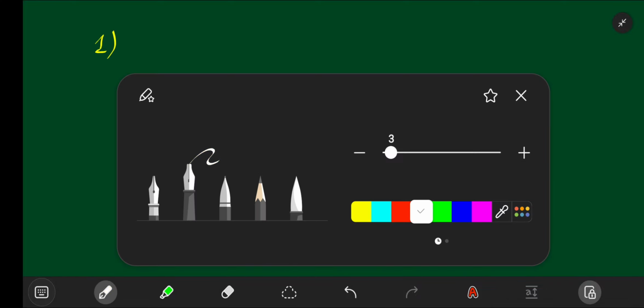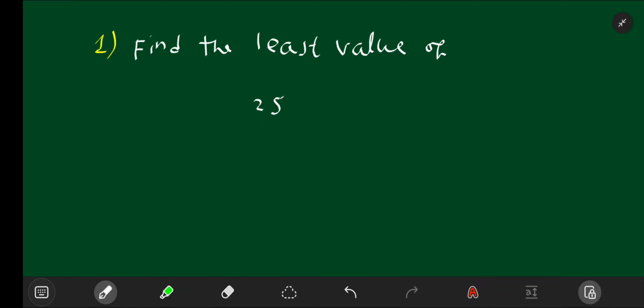Find the least value of 25 cosec square theta plus sec square theta.